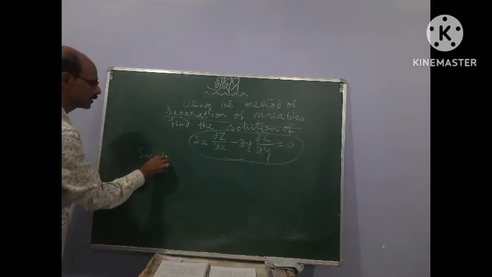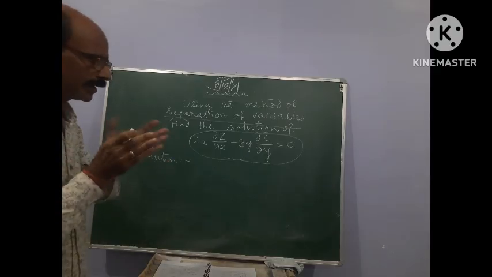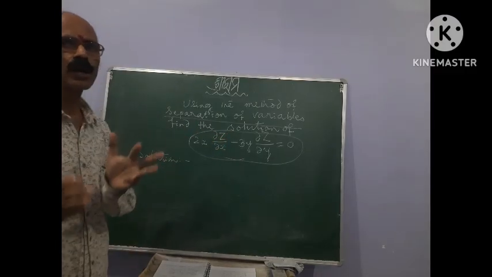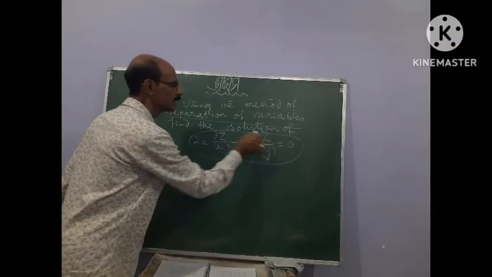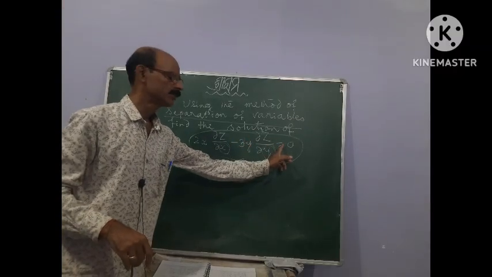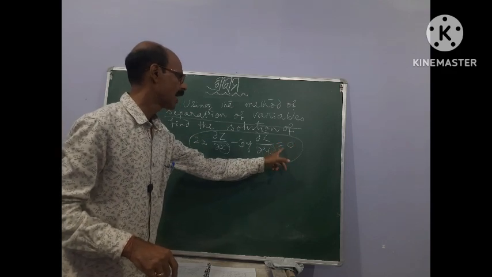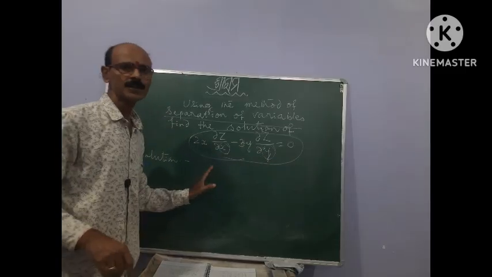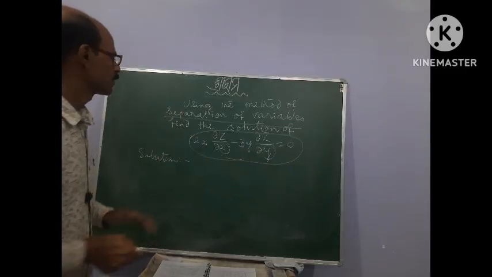Now its solution. I have already said we will express z in terms of the product of two functions. Why two functions? Because there are x and y only. Suppose if there were another term, say 5y del z by del r, then we would express z in terms of the product of three functions.